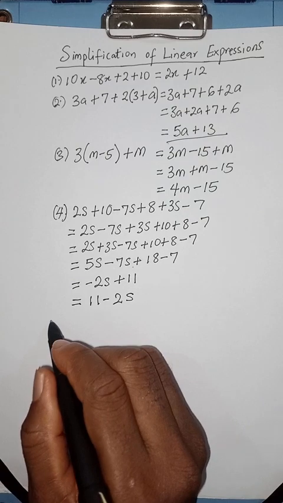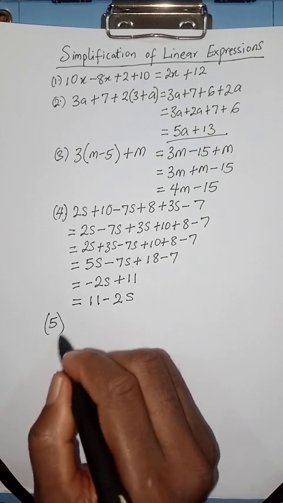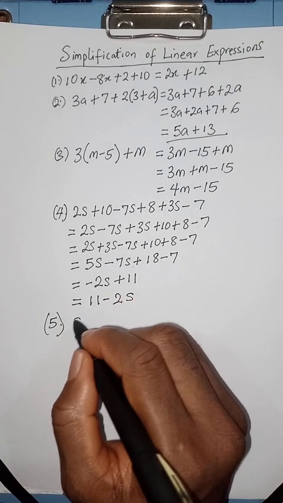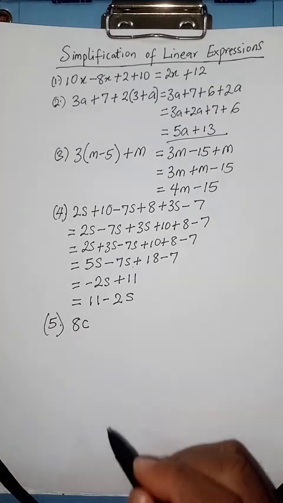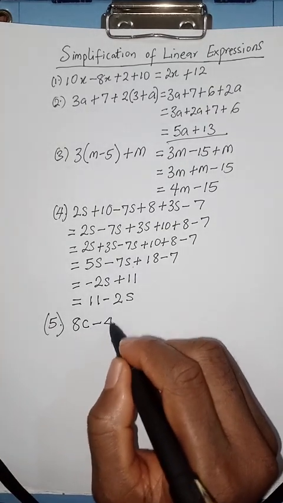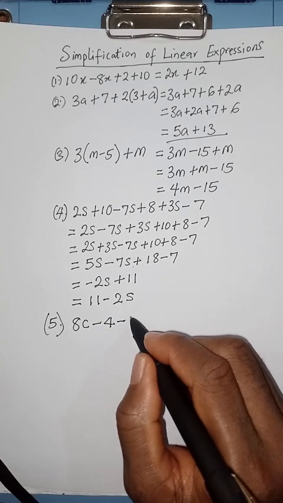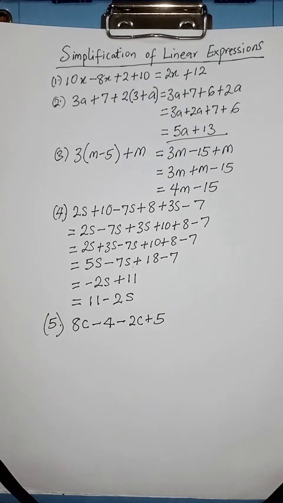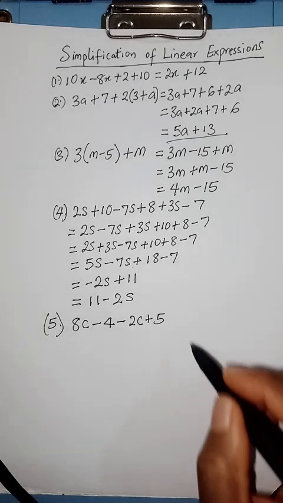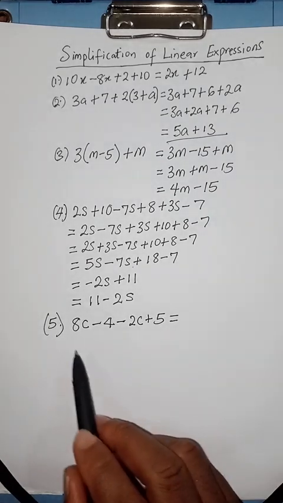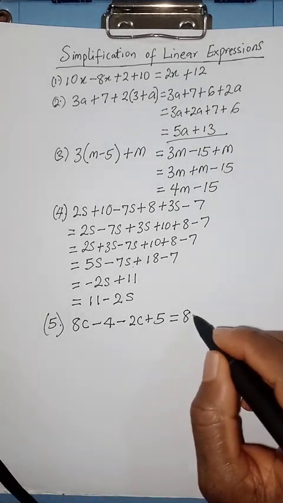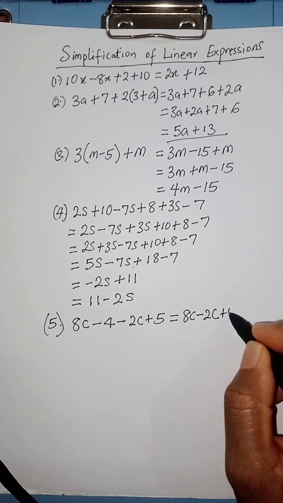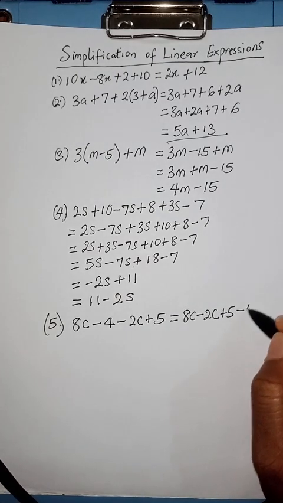Now let's move to number 5. In number 5 question, I have 8c minus 4 minus 2c plus 5. Now how do I simplify this? Again, I'm going to collect like terms. 8c minus 2c plus 5 minus 4.